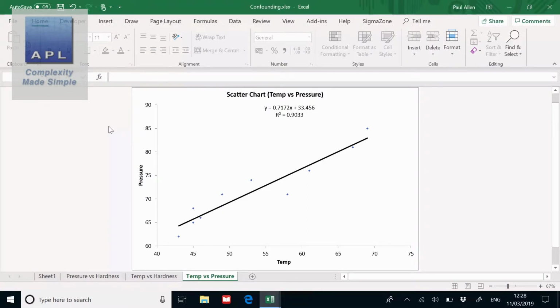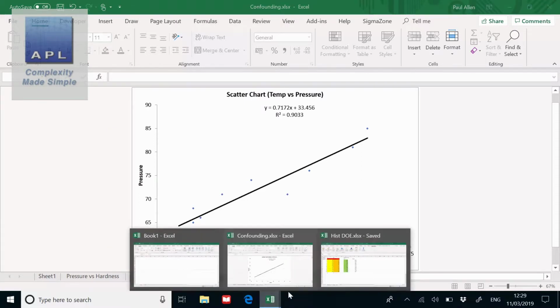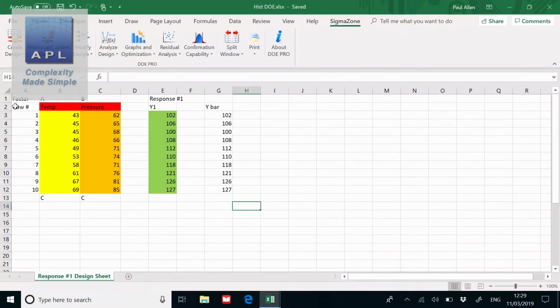It isn't telling me the truth, and using this data set, I can never know the truth. I'll never be able to separate the effects out. The maths is so mixed up, it cannot be analysed by even the most powerful computers. Confounding is a really big problem. Now what I've done, I've put the data into my DOE software, and I'm going to try to analyze it.